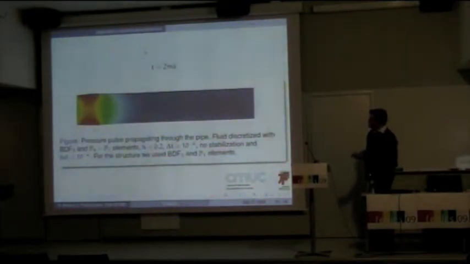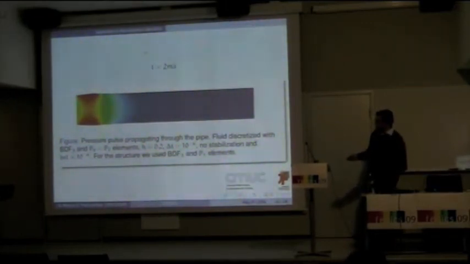So here is one result. We have a pressure wave coming from the left to the right. It's BDF3 for the fluid, P2, P4 elements. The h is 0.2, delta t is 10^-6.